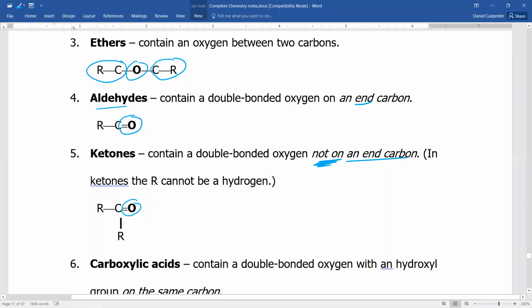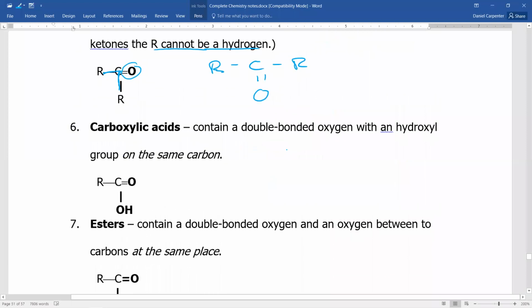And notice this, the R in this case cannot be a hydrogen. And again, remember that this bend doesn't mean anything. It could easily have been written RCR with the O going either down or up. It doesn't matter which way the O goes.